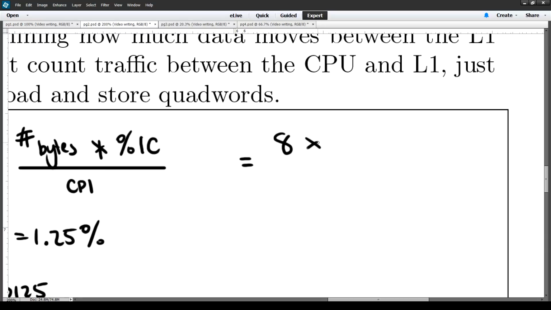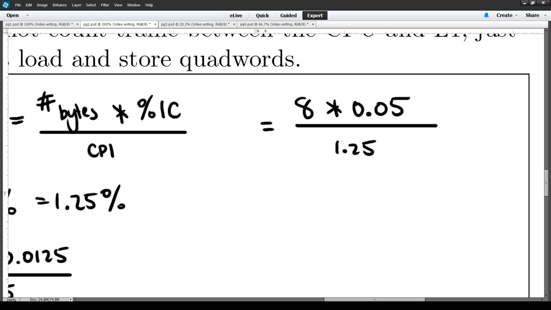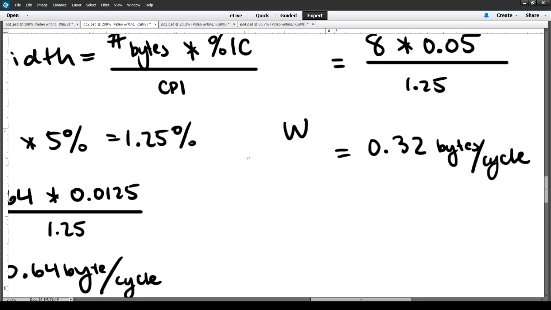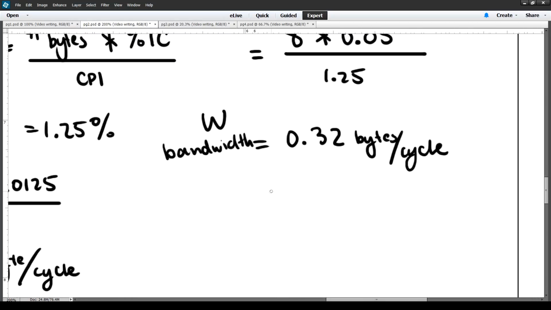So 8 times 0.05 all over the CPI of 1.25. This comes out to 0.32 bytes per cycle. And this is the write bandwidth. That's not very well written. And there's your answer.